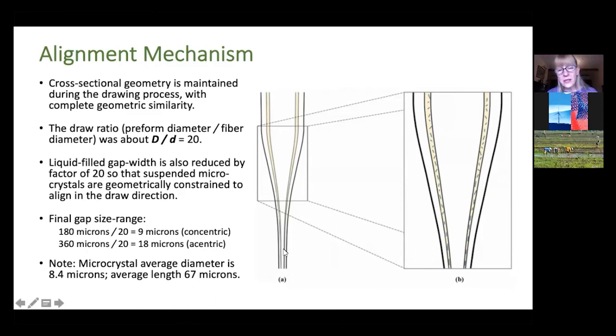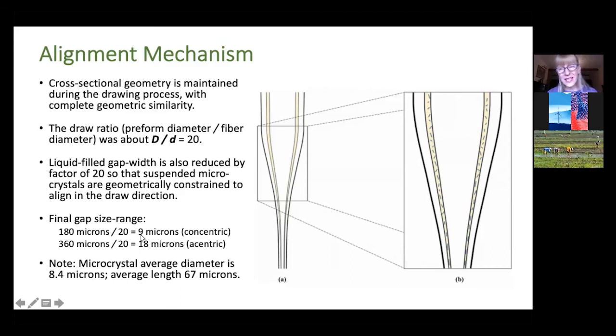So what you can see here is that as that gap becomes much narrower, the microcrystals are no longer free to orient in any direction. They have to align along the draw direction, along the fiber axis, parallel to the fiber axis. So this image here on the far right is attempting to illustrate that point, that the microcrystals can orient randomly in the gap. But by the time you get down to the necking region and the fiber, they are constrained to align parallel to the fiber axis.